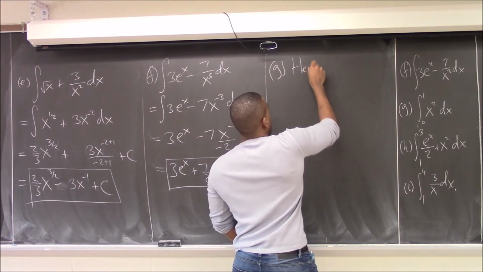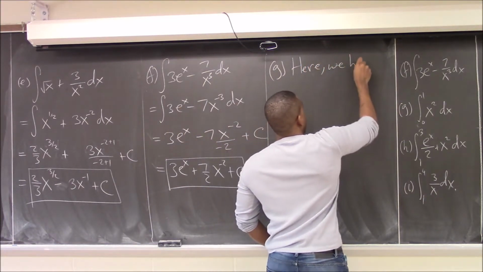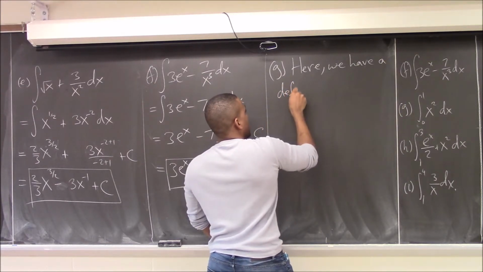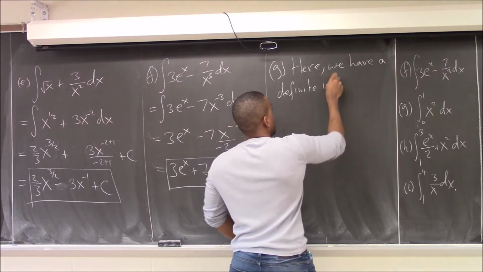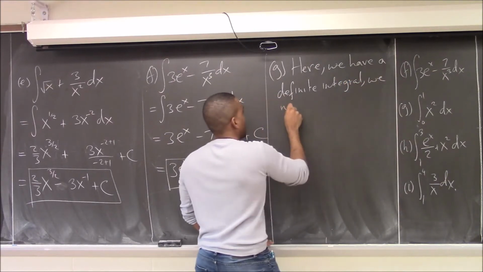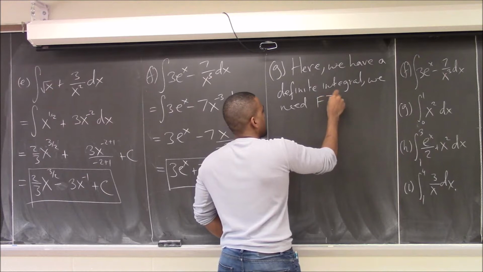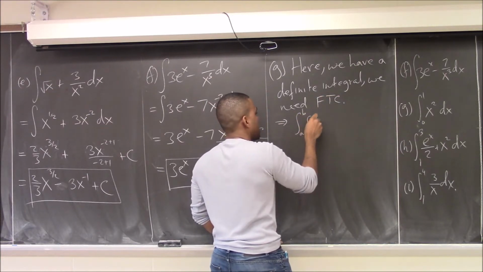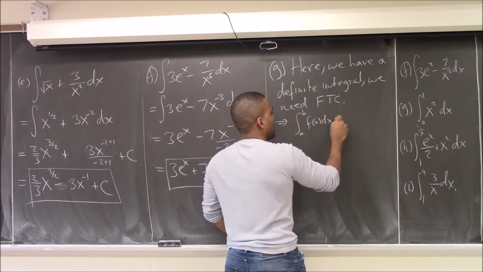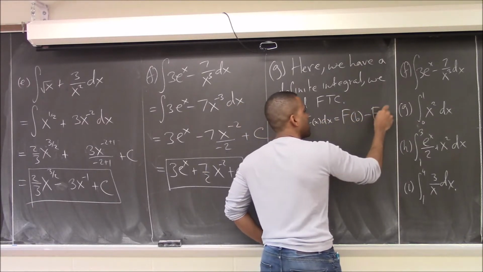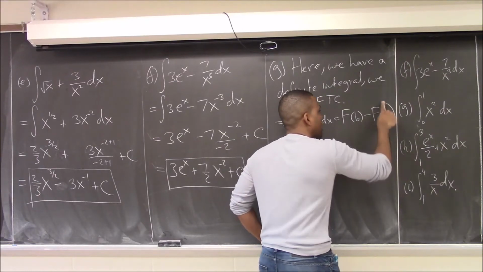Here, we have a definite integral. We need FTC, which means we're going to use the fact that this guy here is equal to the antiderivative evaluated at the upper limit minus the antiderivative evaluated at the lower limit.